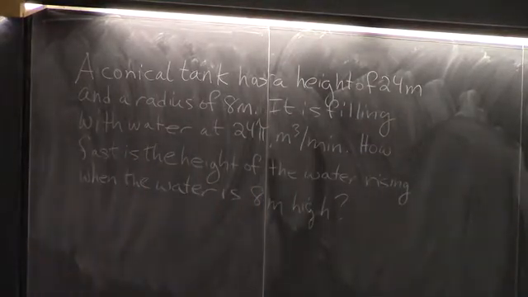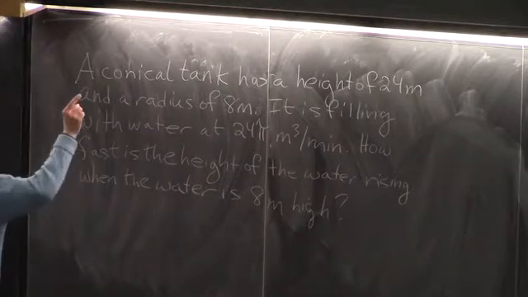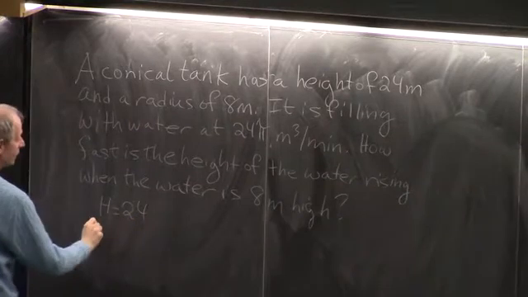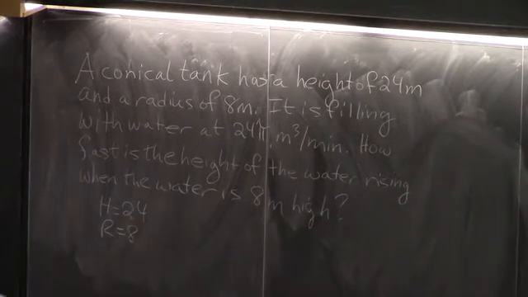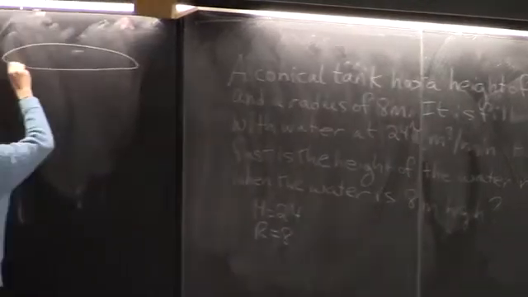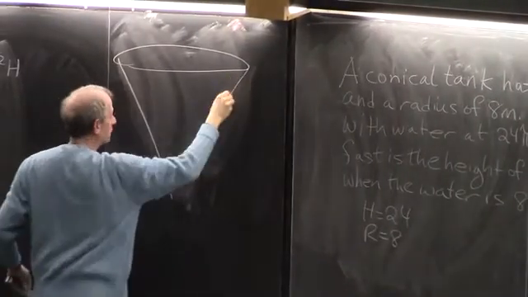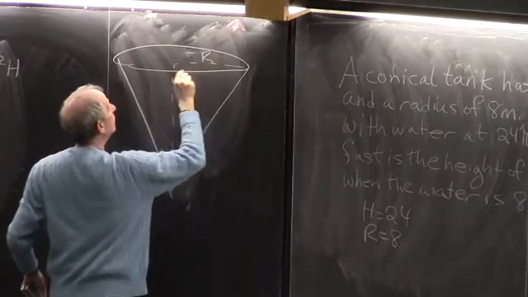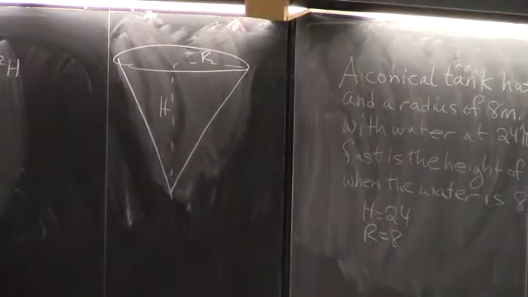All right. So what do we know? We know that the height is 24. The radius is 8. Why am I telling you that? I am telling you that for a very specific reason. Okay. In a cone, that's a cone, that's the radius and the height.